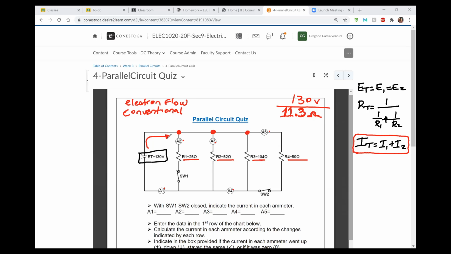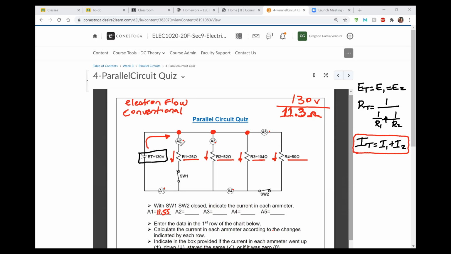The 11.55 is going to split between four different branches. Then everything is going to recombine at the end and flow through A1 in order for the current to return to this terminal, okay? So yes, indeed, we have 11.55 amps for A1.